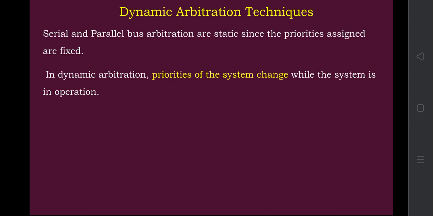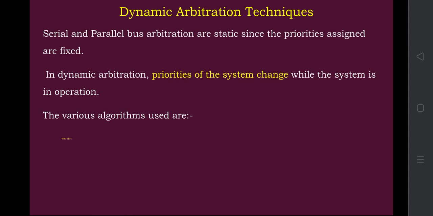Priorities of the system change when the system is in operation. While the system is in active mode, it may require some resources that are urgent in nature, and some devices may make requests which are not urgent. Based upon the situation or scenario, the bus arbitration technique gives the bus control to different devices. That is called dynamic arbitration.